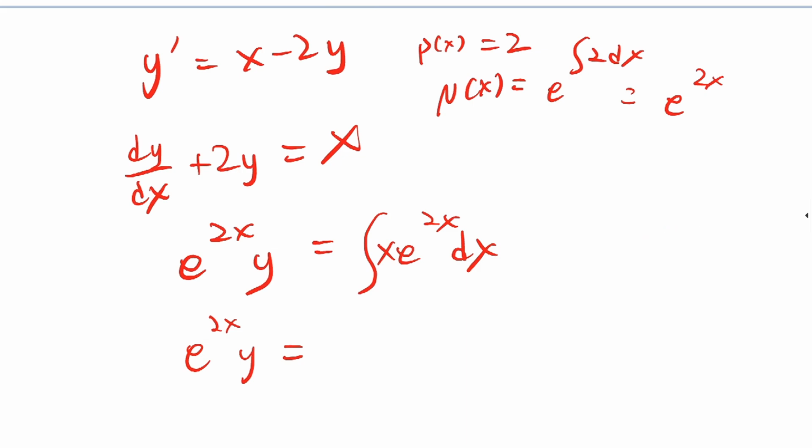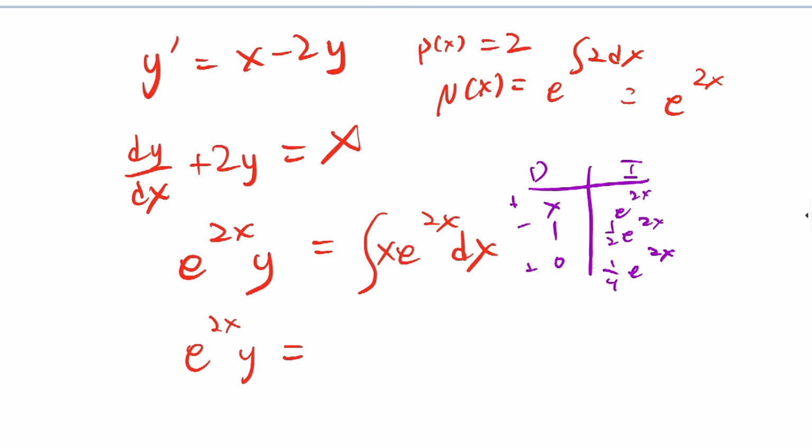Okay, so I'm going to do the DI method. We'll do x, 1, 0, e to the 2x, 1/2 e to the 2x, 1/4 e to the 2x, plus minus plus.